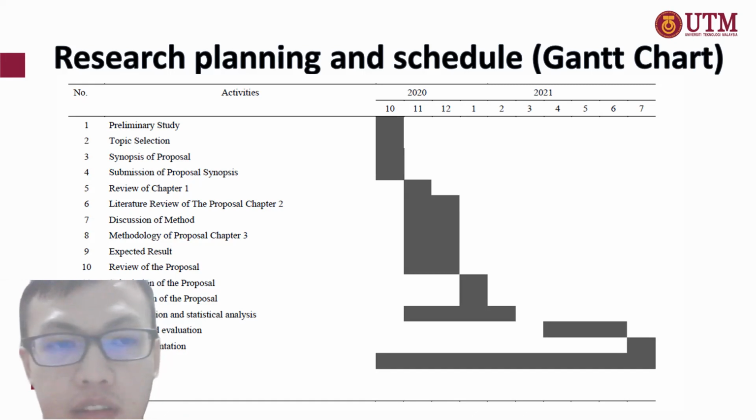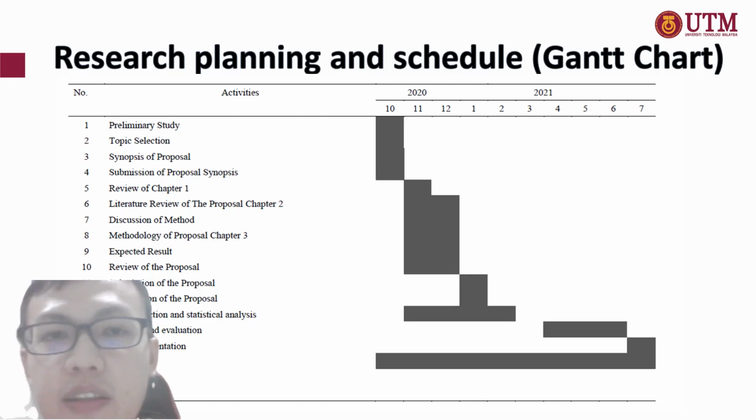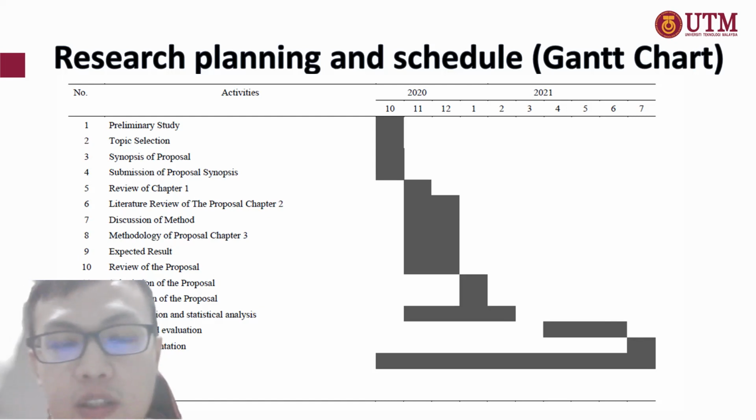And this is followed by the literature review of the proposal, chapter 2, discussion of methodology of proposal, chapter 3, expected result, and review of the proposal. I am planning it from November until December 2020.